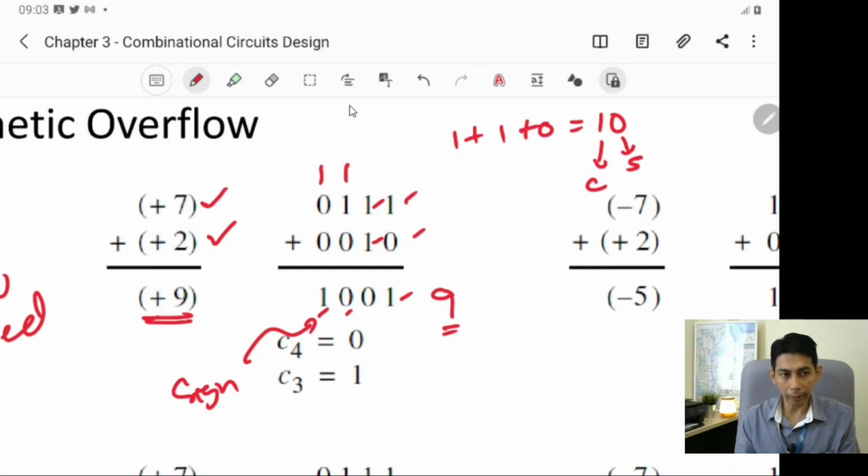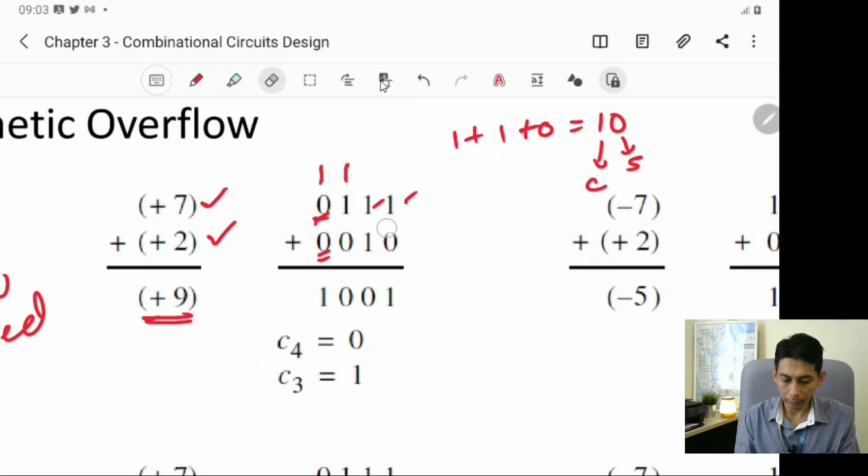Positive plus positive, we should have a positive result, but we have a negative result, meaning something is wrong. So this we call arithmetic overflow.